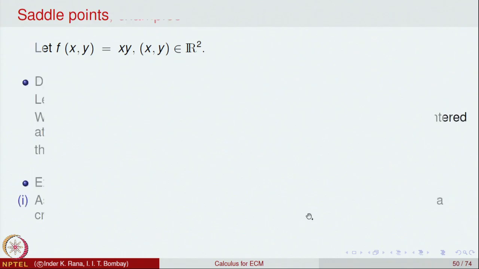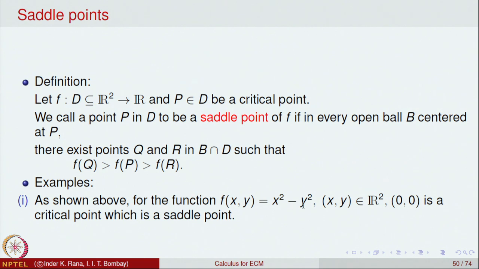That is obvious, because if I take a point close to the origin where y is 0, so that is a point on the x axis, then the value will be positive. And if I take a point on the y axis, then x will be 0 and the value will be minus y square. So close to 0, we can have points where the value is positive, and also points close to the origin where the value is negative, and the value at (0,0) is 0. So (0,0) is a saddle point by the above definition.